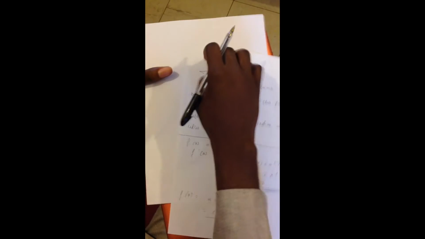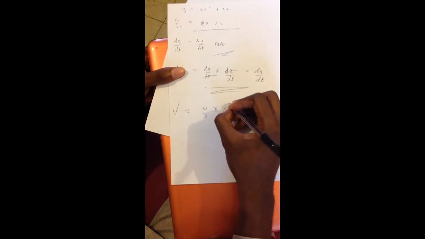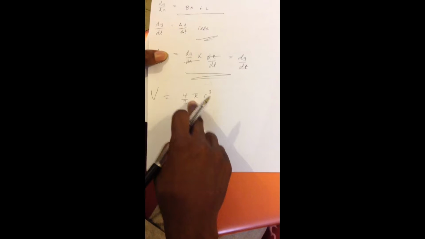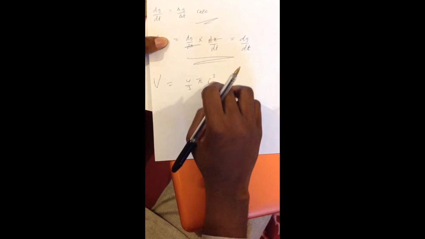Okay? Now, let's apply that to our question. We have volume V equal to 4/3 pi r cubed. Pi is a constant, as we all know. 4 is a constant, and 3 is a constant. The only variables here are the volume and the radius.